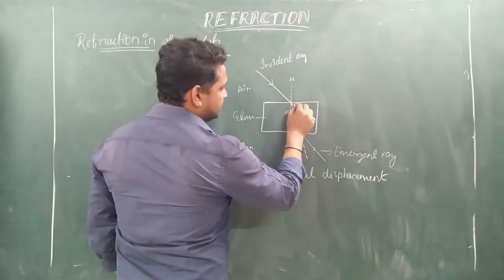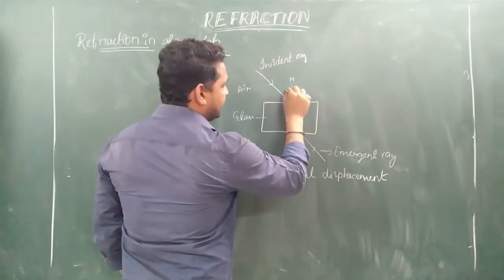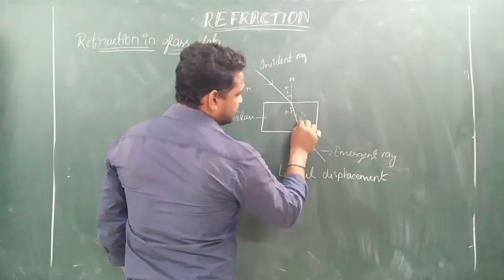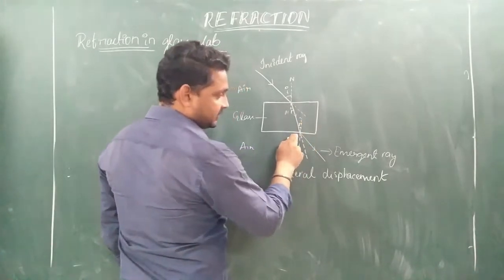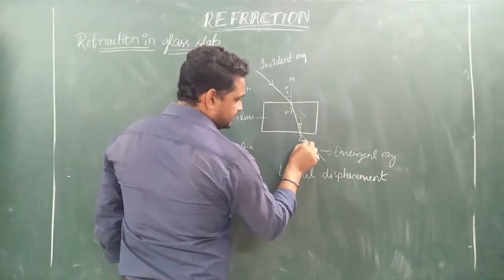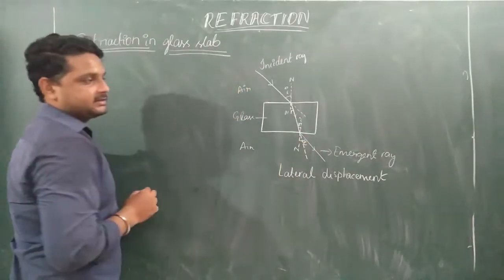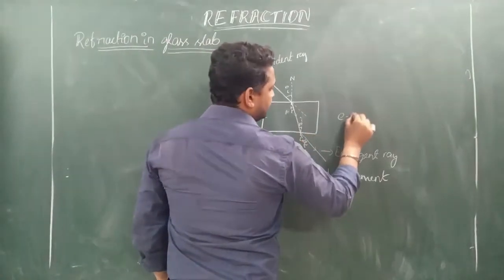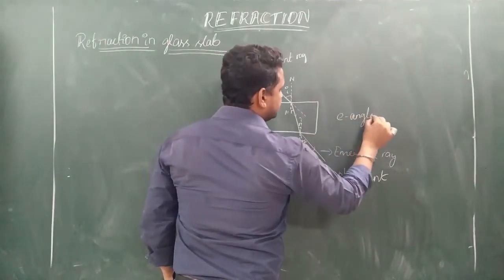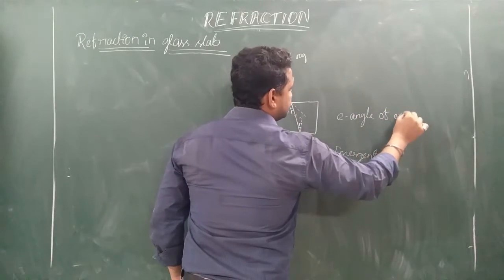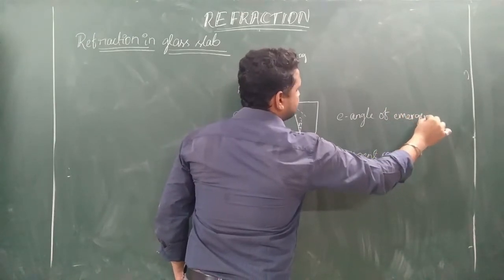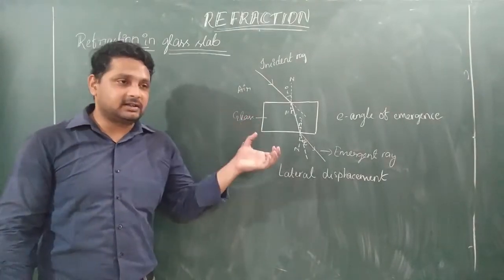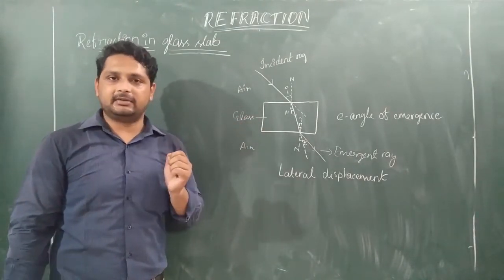Here this is the angle of incidence, this is the angle of refraction, this is the angle of refraction, this is the angle of incidence for this surface, and this here is called the angle of emergence, represented as small e. So this is how refraction occurs in a glass slab.